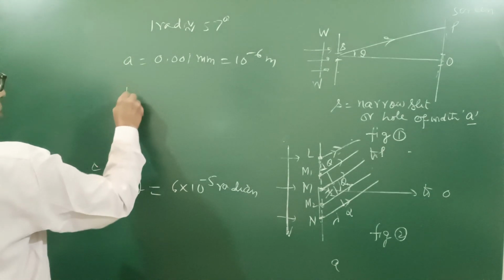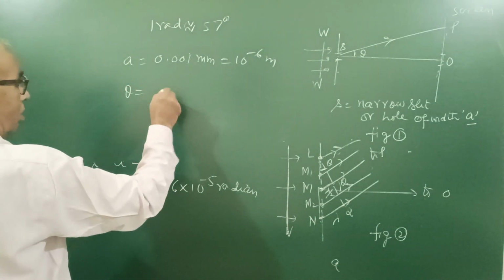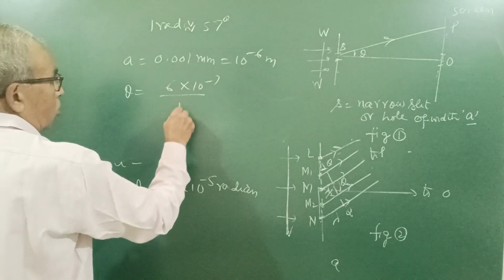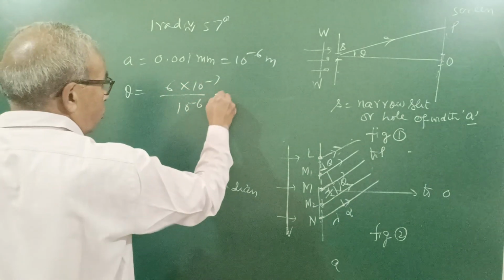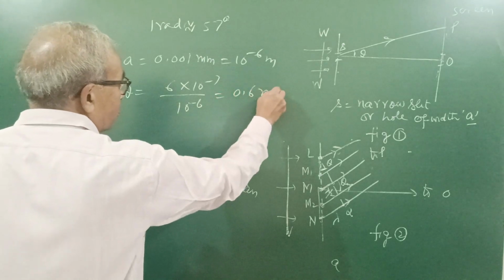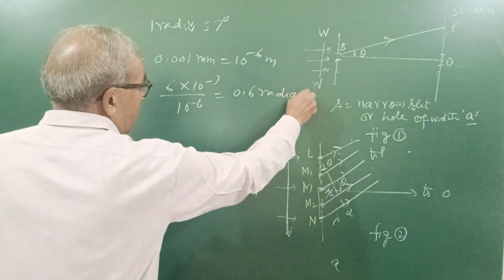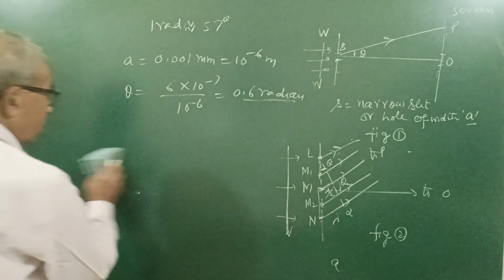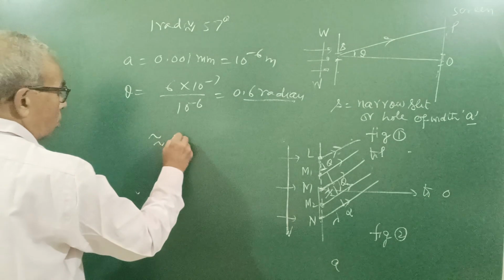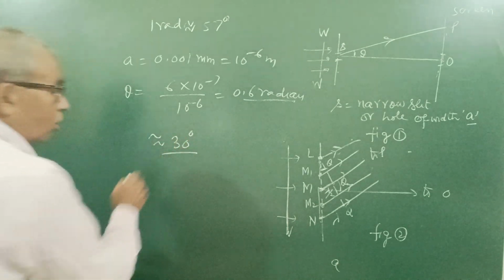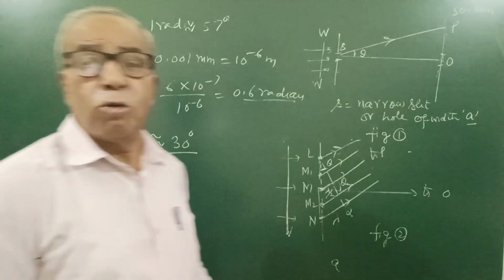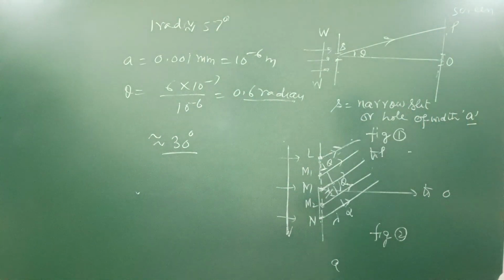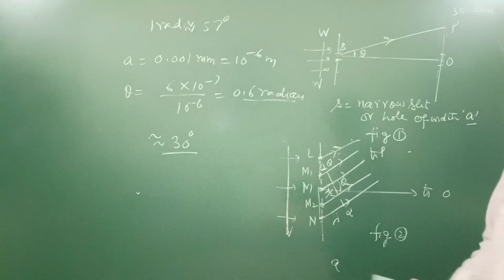Then theta with the same wavelength will be 6 into 10 to the power minus 7 upon 10 to the power minus 6, so 0.6 radian, and this much angle comes out to be nearly 30 degrees, and this much angular spread cannot be neglected.